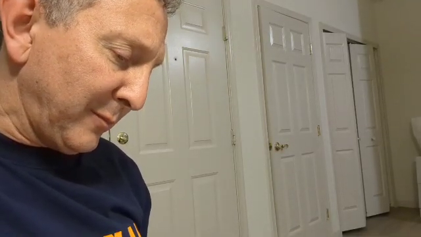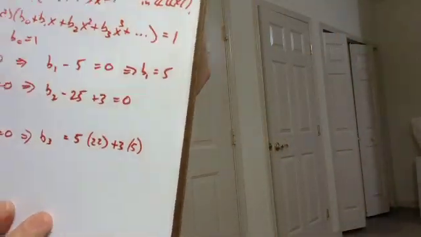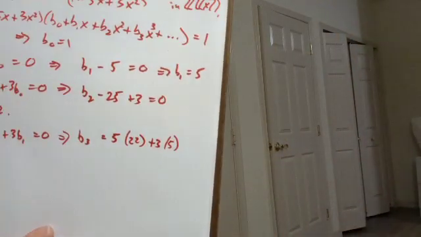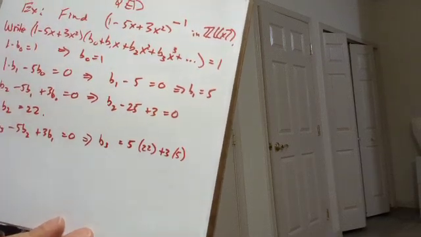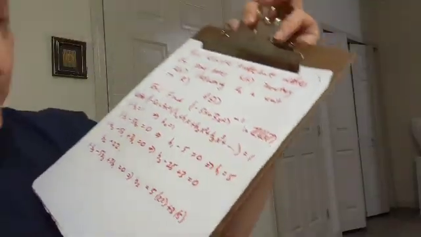That means 1 times b3 equals 5b2, b2 is 22, plus 3b1, b1 is 5. b3 equals 5 times 22 plus 3 times 5, 55 plus 15, so I guess that's 70.